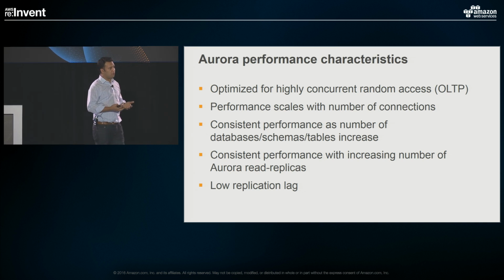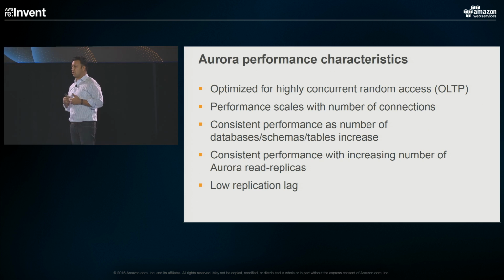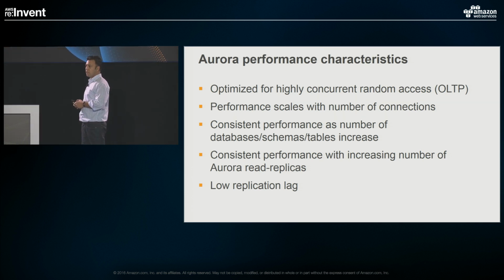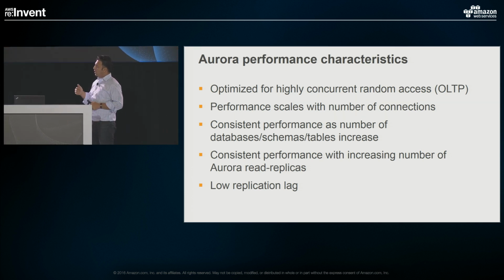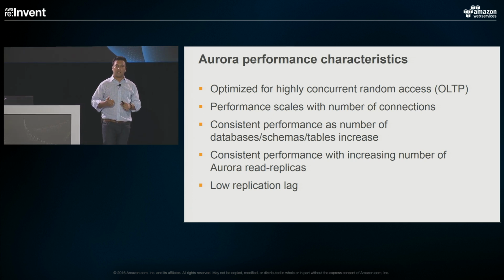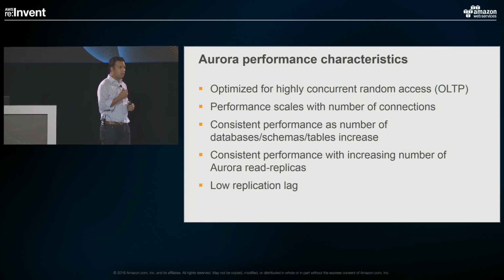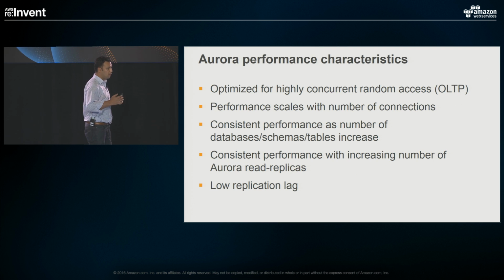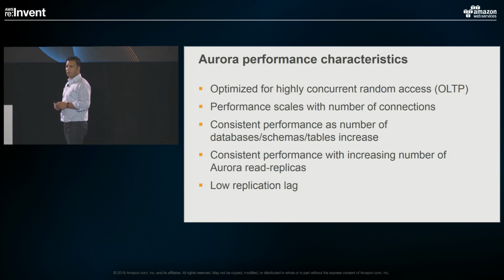As you increase the number of connections, your performance should scale with the number of connections. So you can throw hundreds and thousands of connections at Amazon Aurora. The performance remains consistent as you increase the number of tables, the number of databases, and your data set. The performance also remains consistent when you increase the number of Aurora read replicas.